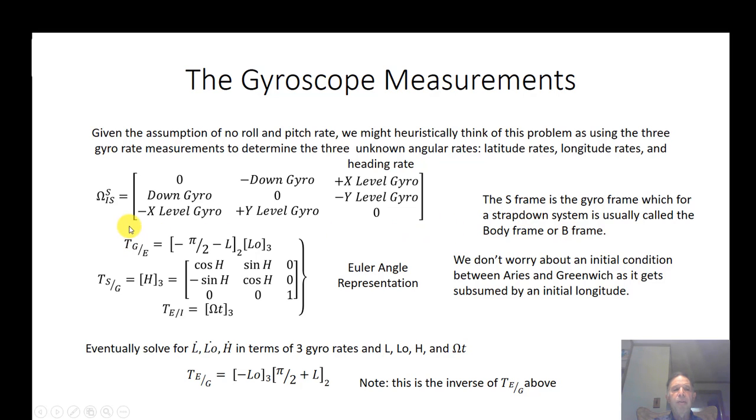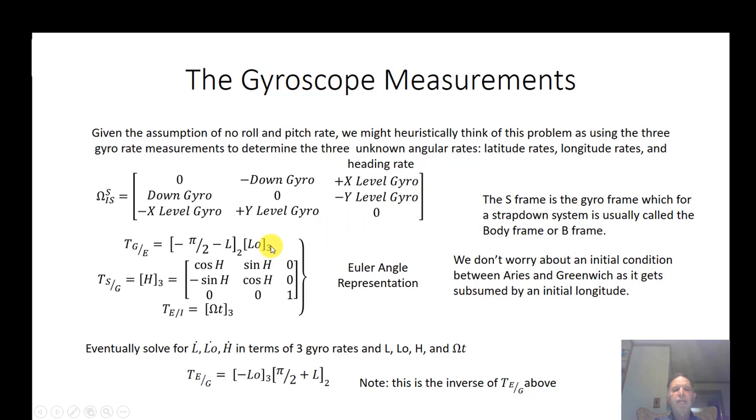So we can express the angular rate skew symmetric matrix as measured by the gyroscopes in this skew symmetric form of the measured gyroscope outputs, and actually this would be the true gyroscope outputs without adding errors, and we'll talk about errors, of course, later in this presentation.